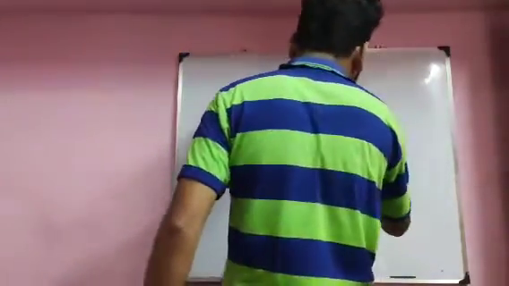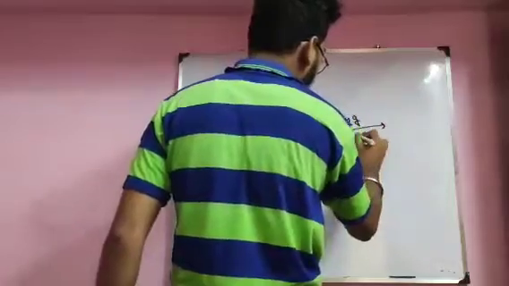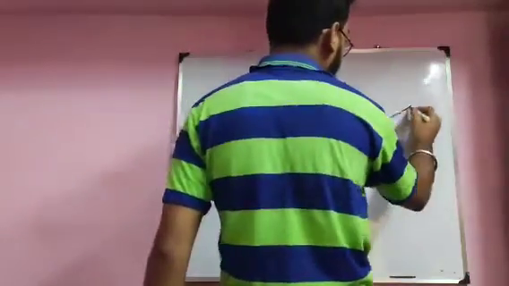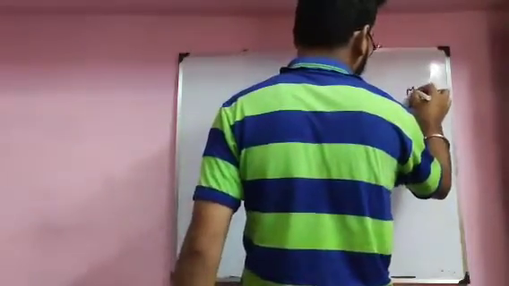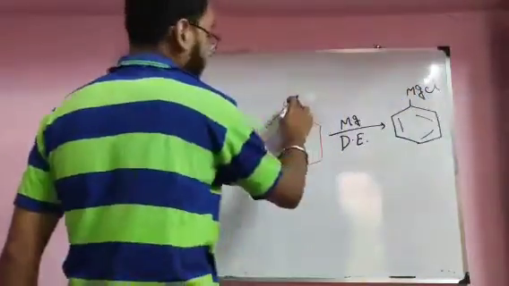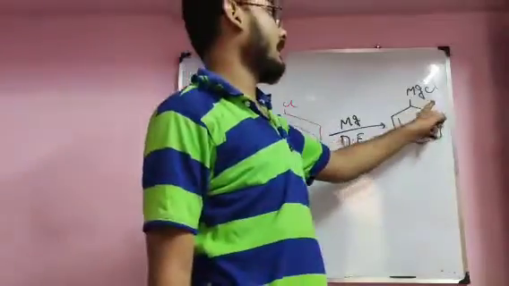If we give magnesium and dry ether, then the product formed will be MgCl. If bromobenzene is present, then the product will be MgBr.